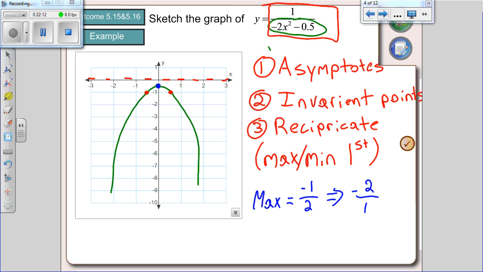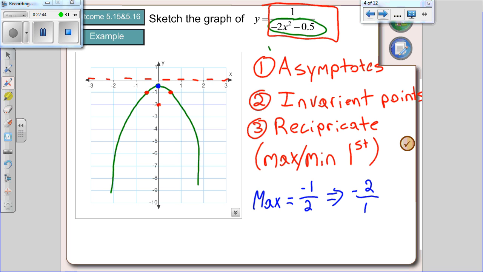That's called reciprocating your maximum or minimum point. You just take the number and you flip it. You could do it with any single point on the graph. But when we're doing tests, there's only 3 points you need: the max, min, and the 2 invariant points. And in the future, possibly the 5.